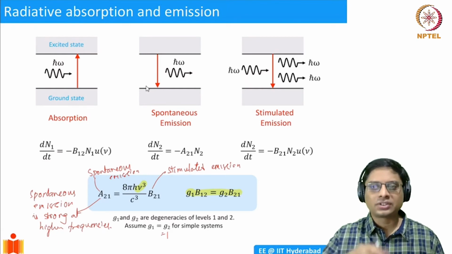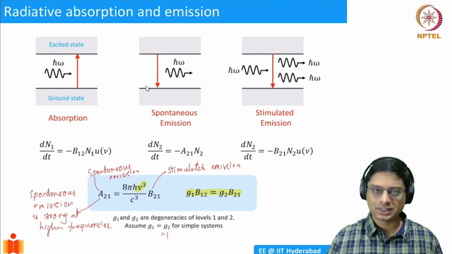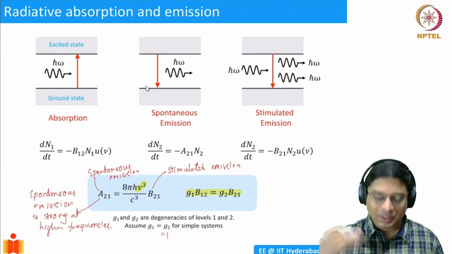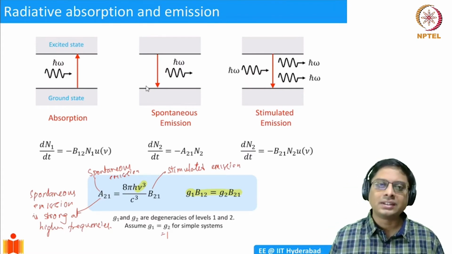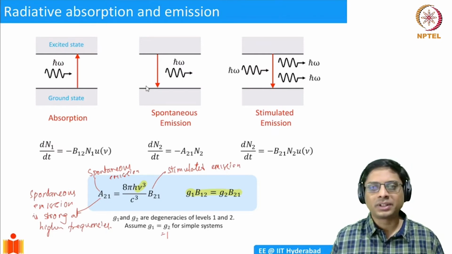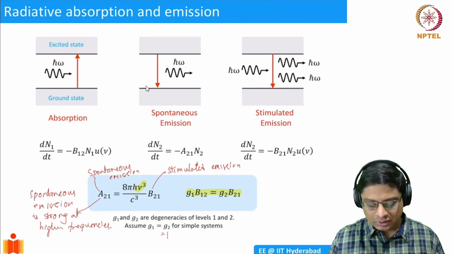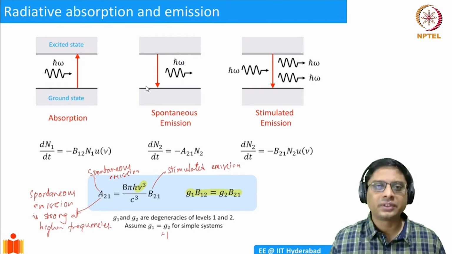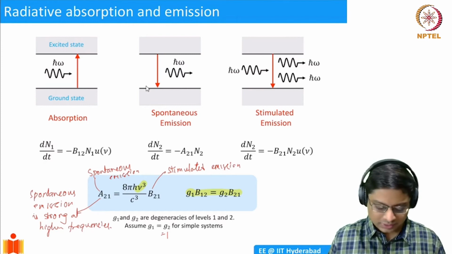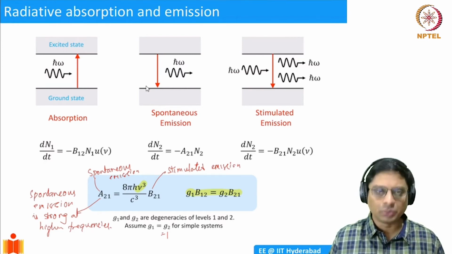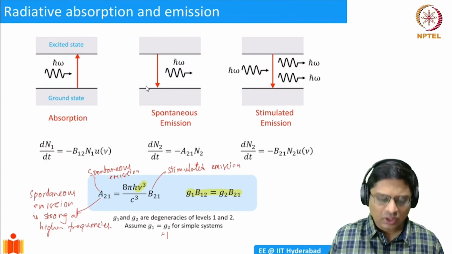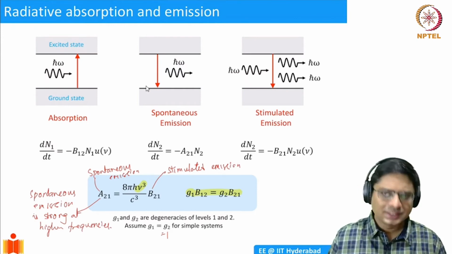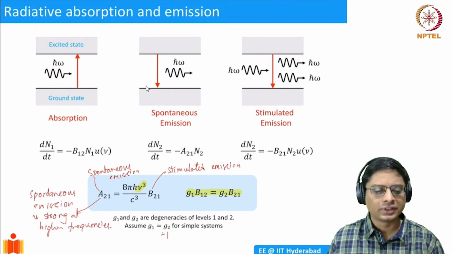We will talk about the construction of a laser in the next couple of lectures. But right now, we just want to say that stimulated emission is essential for a laser, and it becomes weaker compared to A21, which is spontaneous emission. The ratio scales as frequency cubed, right? That's why spontaneous emission is much stronger at blue frequencies. All right. So these are the fundamental processes.